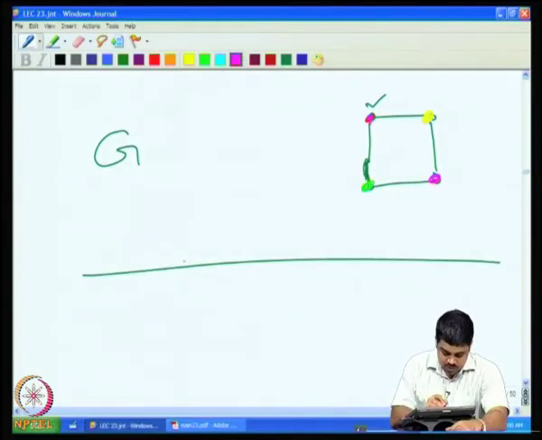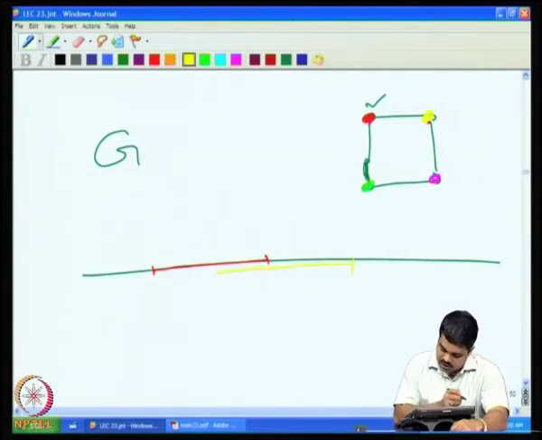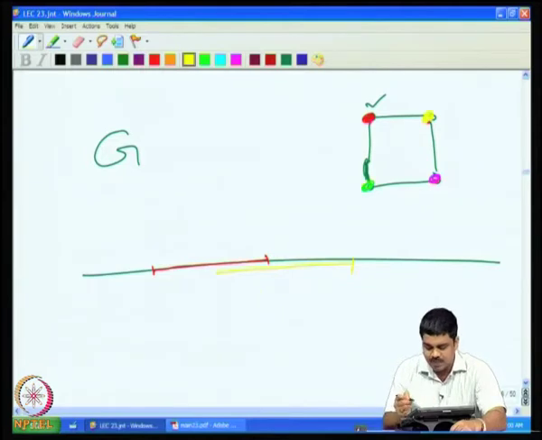So, arbitrarily I give red this interval. Then, as an intuitive argument, suppose I give yellow an interval, it has to intersect with red, suppose like this. Now, you can draw it in this direction or this direction. Can I draw it completely inside red? No, because then where will I put violet?